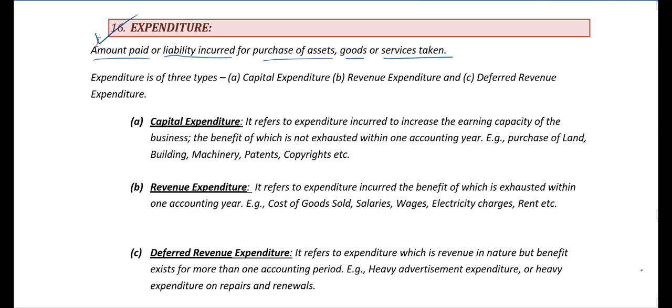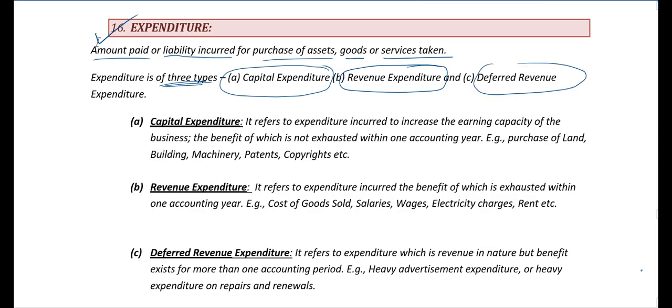So for any of this, if you incur a liability or you pay an amount, then it is called expenditure. Expenditure is of three types. The first one is called capital expenditure. The second one is called revenue expenditure. And the third one is called deferred revenue expenditure.